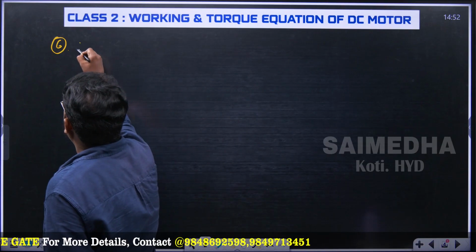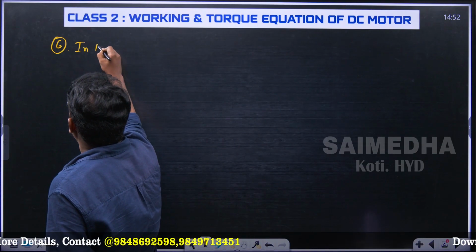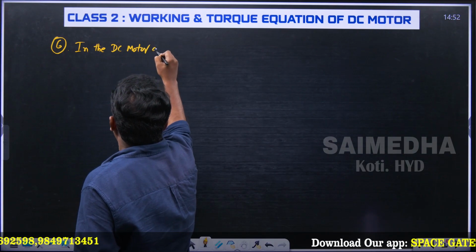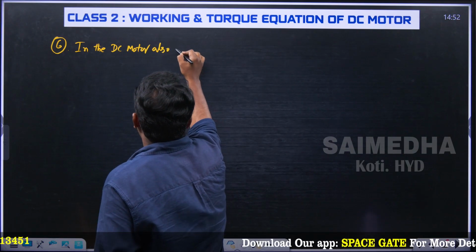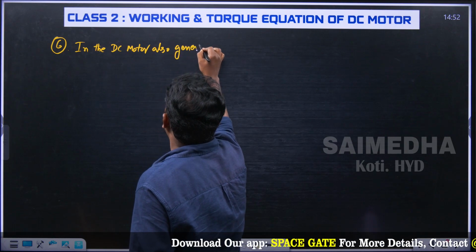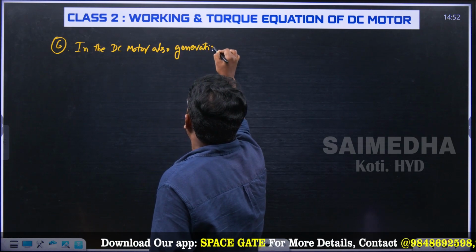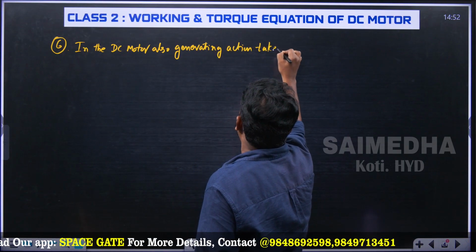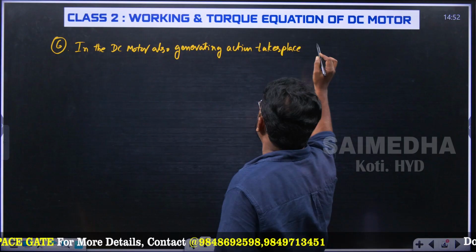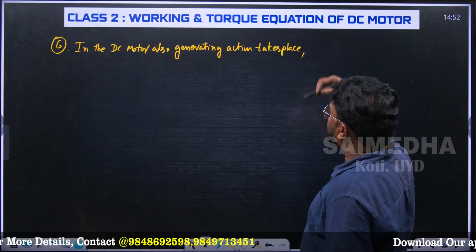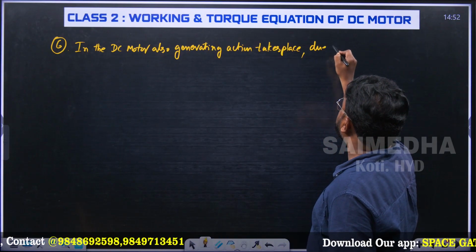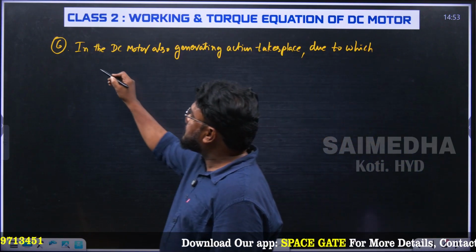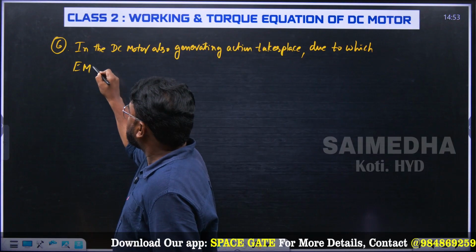So in the motor also, in the DC motor, the generating action takes place, due to which EMF is induced in the armature.